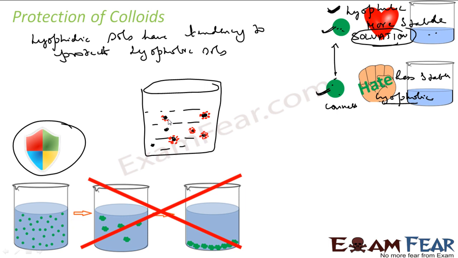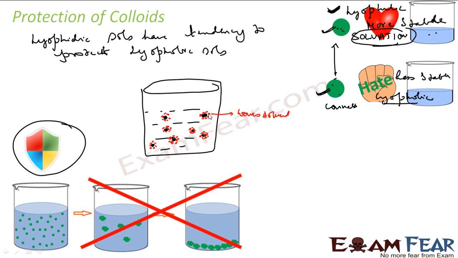So with this, what is happening is the black ones are not in direct touch with the solvent. See, earlier the black ones hated the solvent, right? So they were unstable. Now these black ones are covered with these red ones, and these red ones love the solvent, right?